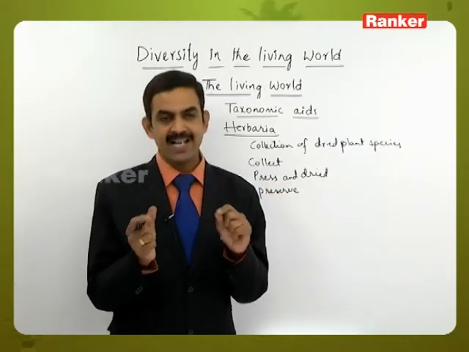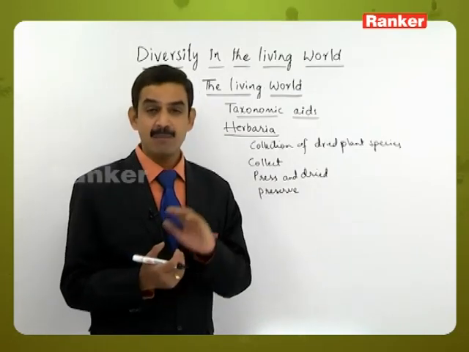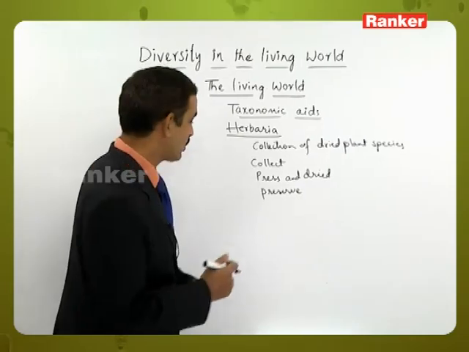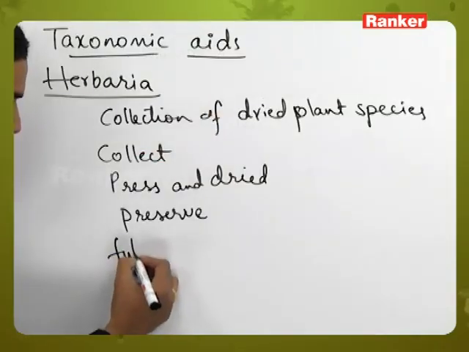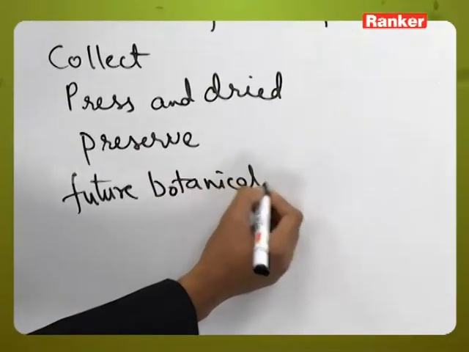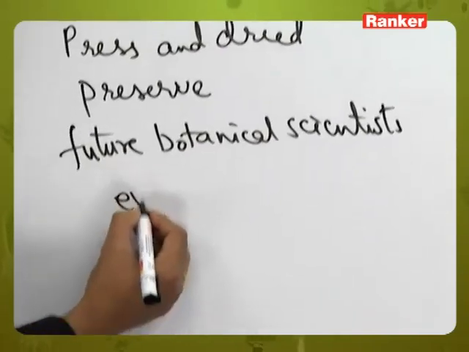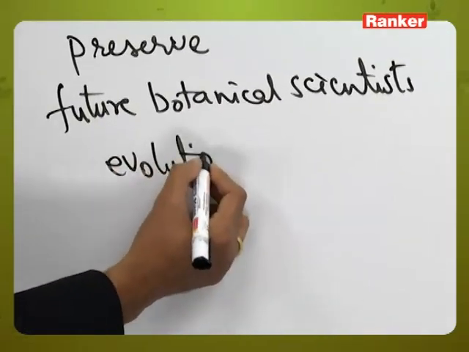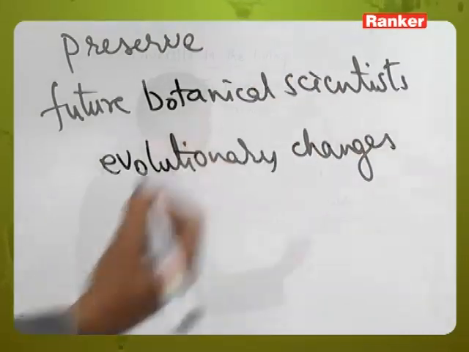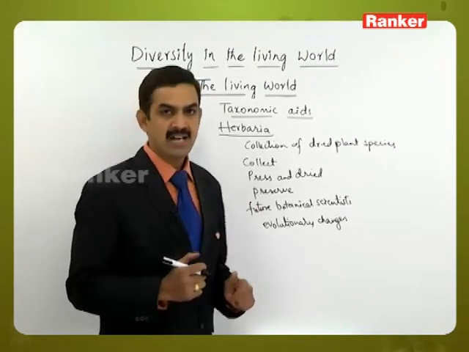When we compare the characters, we can know about the evolutionary changes which have taken place in the course of evolution in the plant species. So that is useful for future botanical scientists, and also to study the evolutionary changes which have taken place in due course of time. This is the significance related to the herbarium.